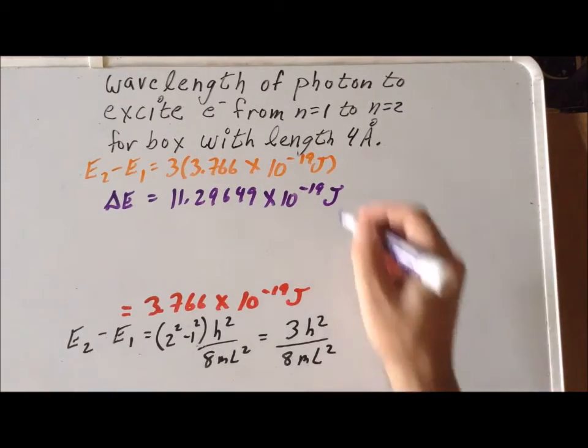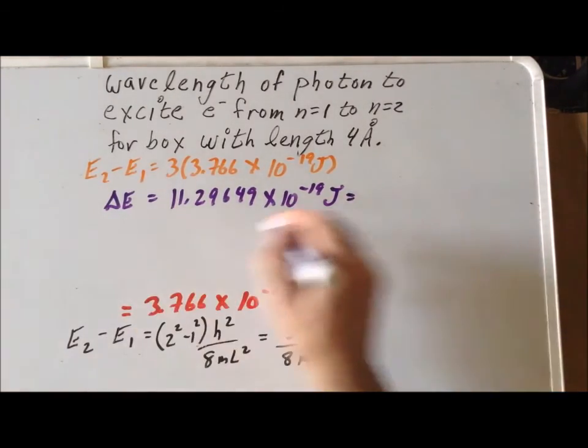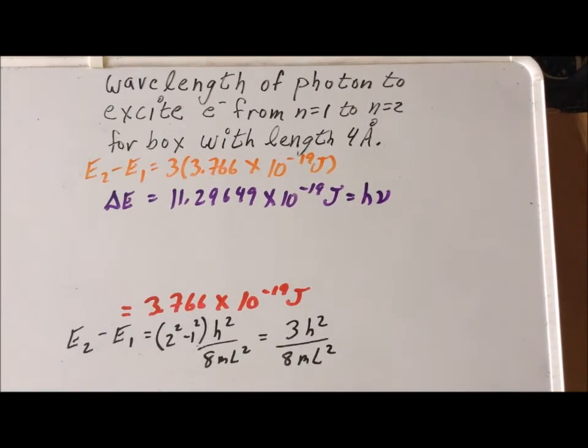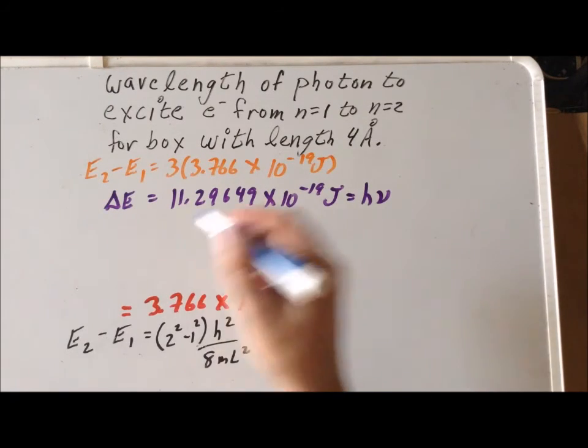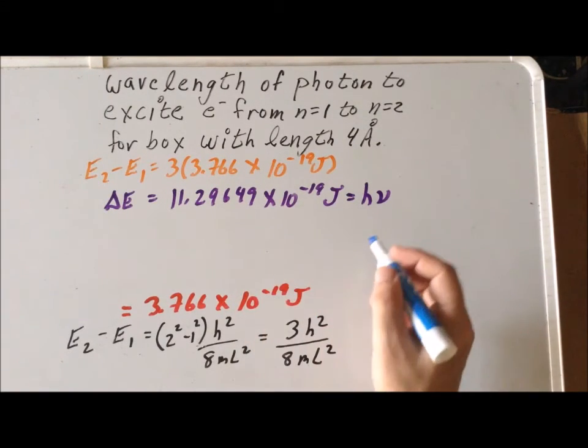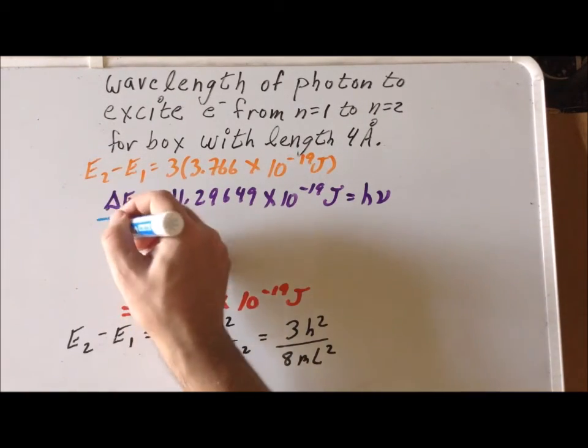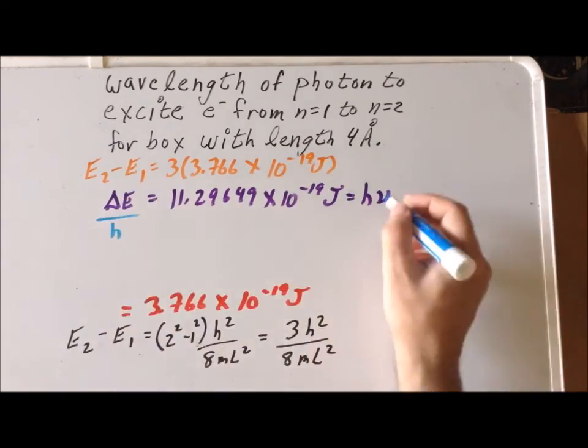Now also recall that the energy of a photon is equal to h times nu, where h is Planck's constant and nu is the frequency. To get the frequency from this expression, we need to divide by Planck's constant, which is 6.626 times 10 to the minus 34 joule seconds. So we can divide through by h here.